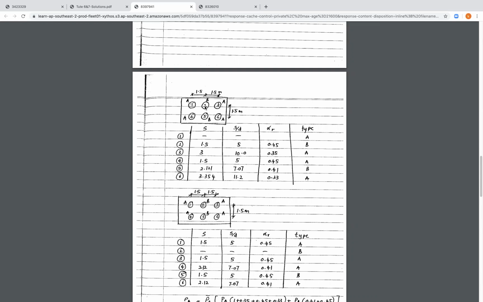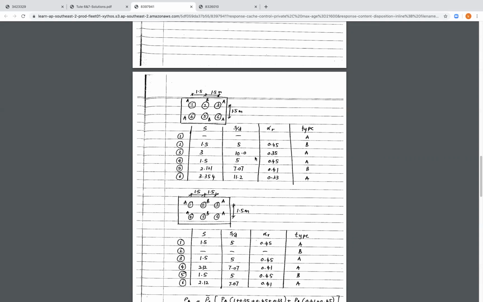of the pile on the center. And we know that the settlement of pile number 1 will be due to its own settlements, and the settlements of the adjacent piles. So the settlement of pile number 1 will be due to its own settlements, and it will also be affected by the settlement of the adjacent piles 2, 3, 4, 5, 7.